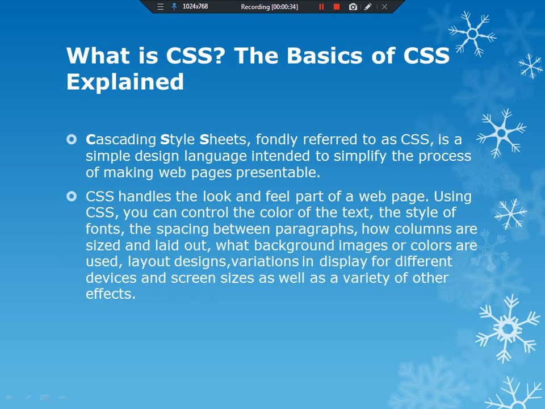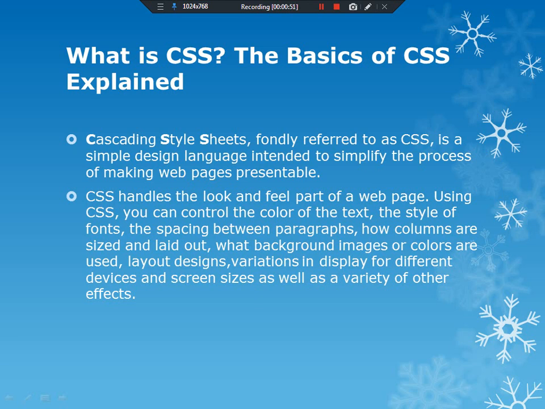What is CSS? The basics of CSS explained. Cascading Style Sheets, fondly referred to as CSS, is a simple design language intended to simplify the process of making web pages presentable. CSS handles the look and feel part of a web page.